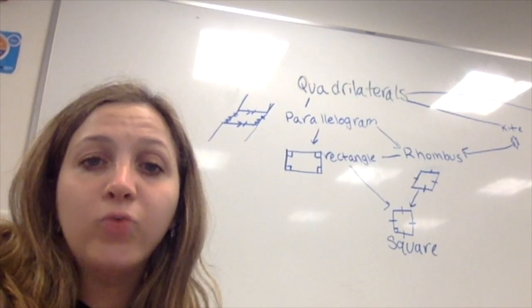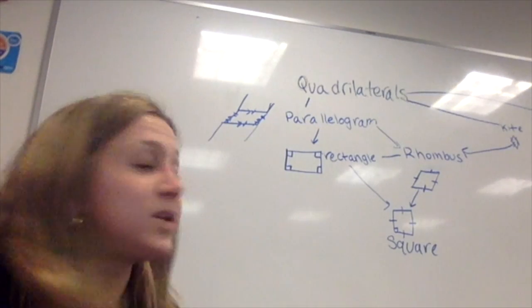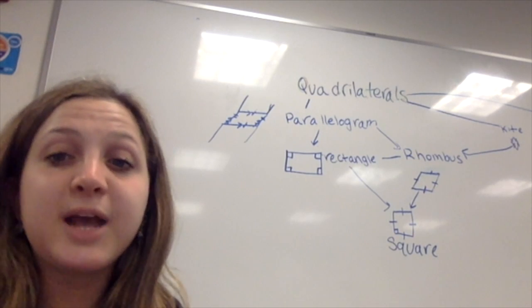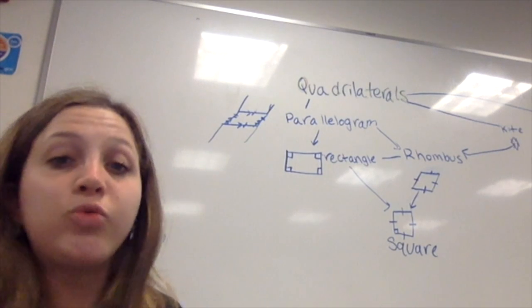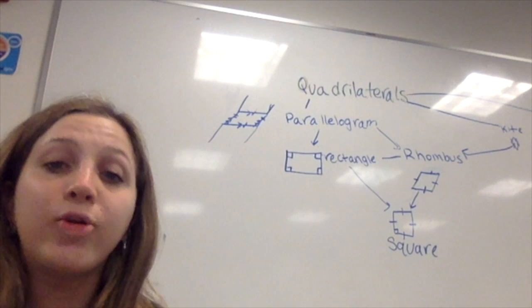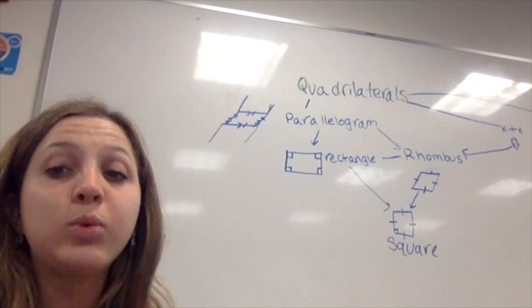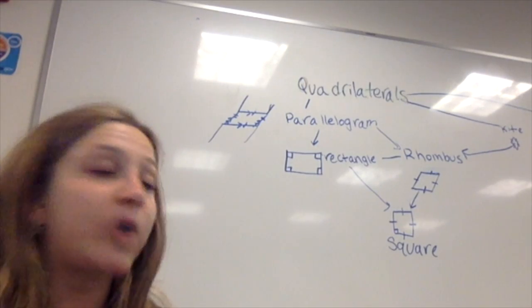Next, we have a rhombus also on top of the square. A square is also a rhombus because the defining attribute of a rhombus is that it must be a quadrilateral with all four sides congruent. Because a square is equilateral, it is always a rhombus.